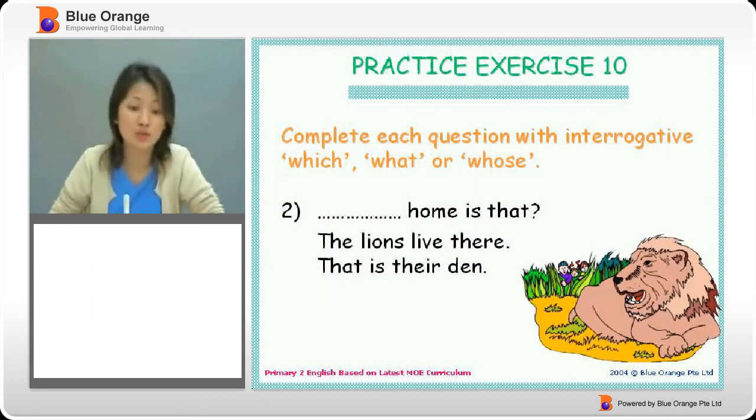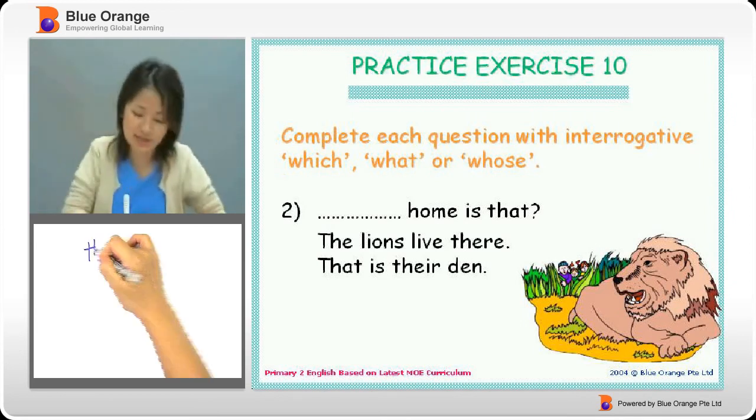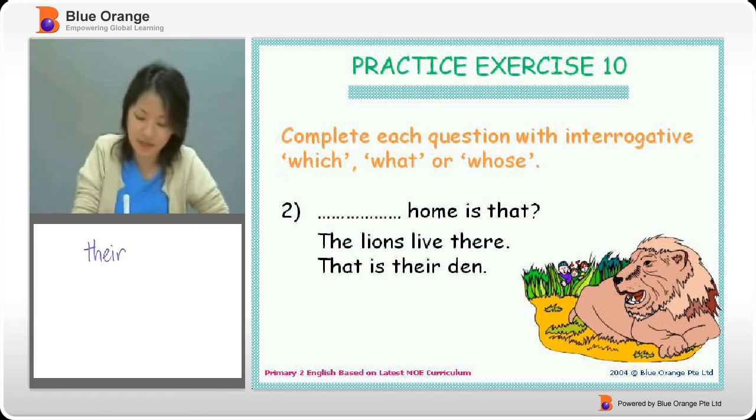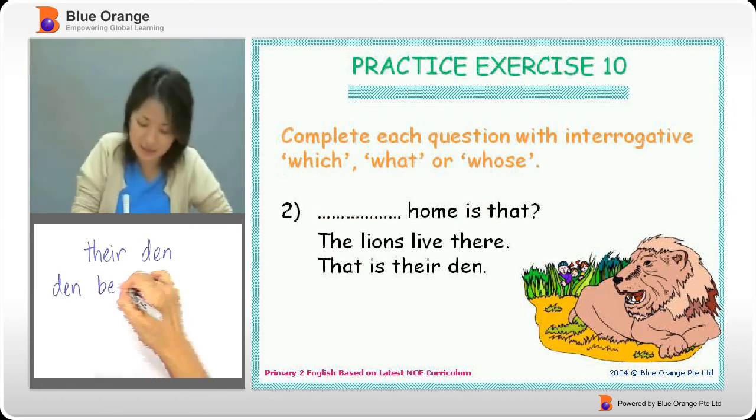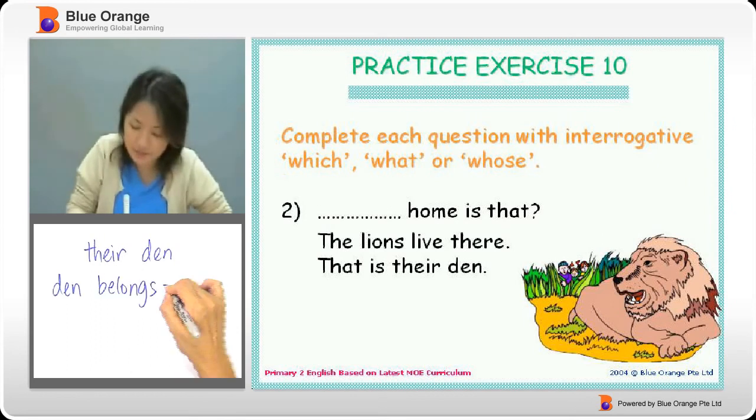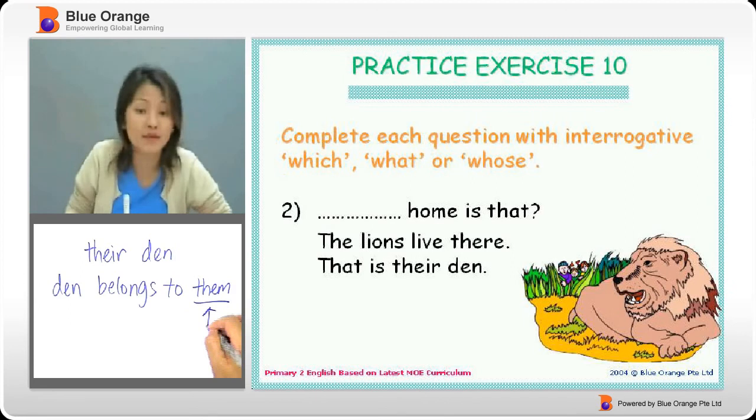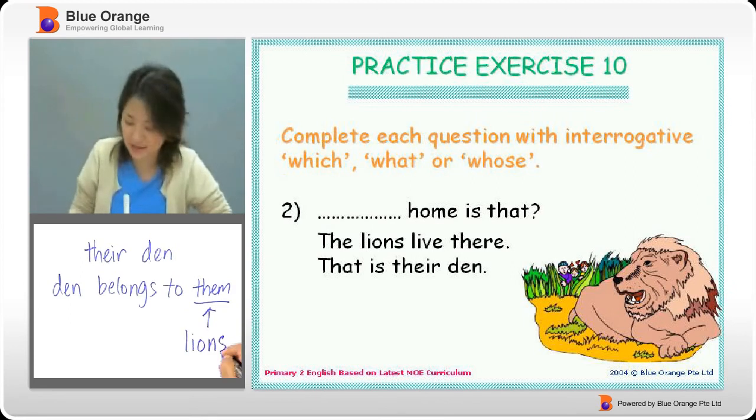Let's move on to number 2. Blank home is that. The lions live there. That is their den. Now the key word here is the word their. Their den tells us that the den belongs to them. It refers to the lions.